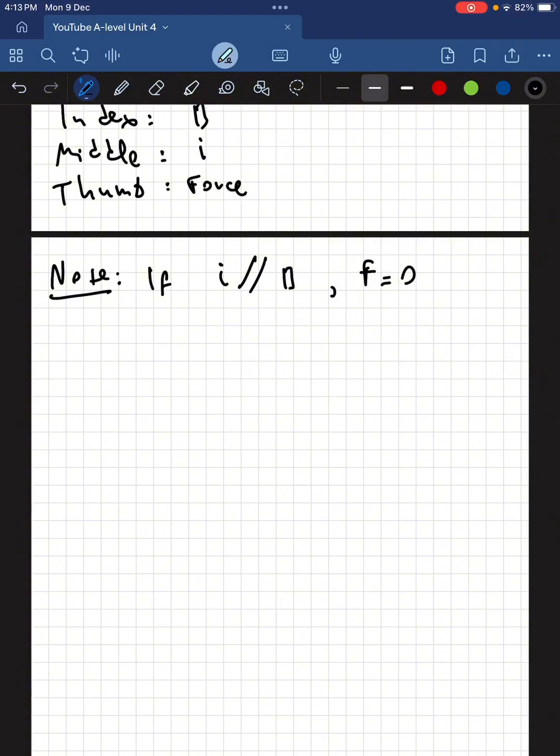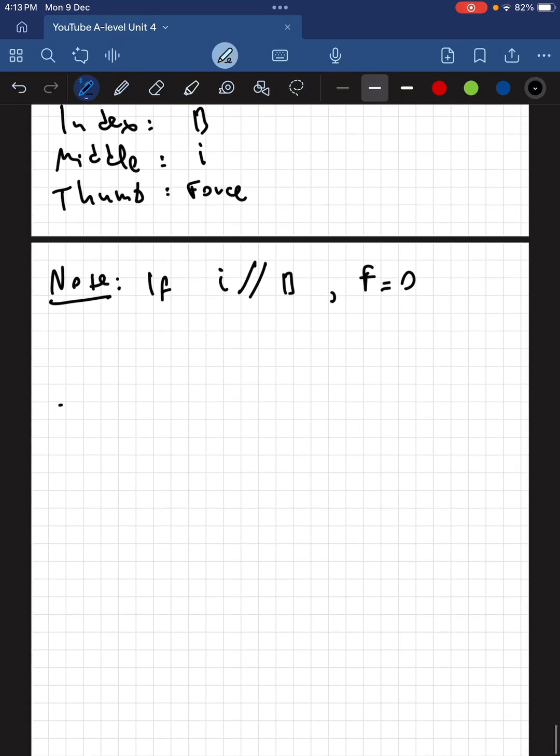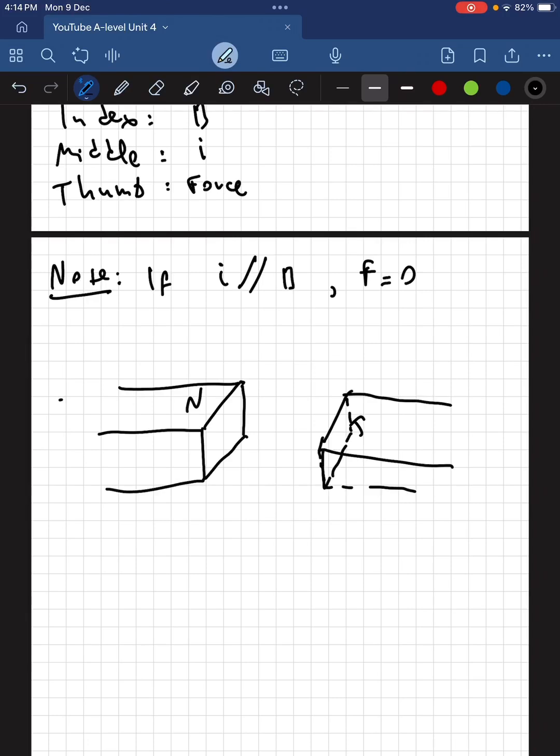So let me quickly draw this. What I mean by that is, this is my North Pole, this is my South Pole, and this is my B, same as before.